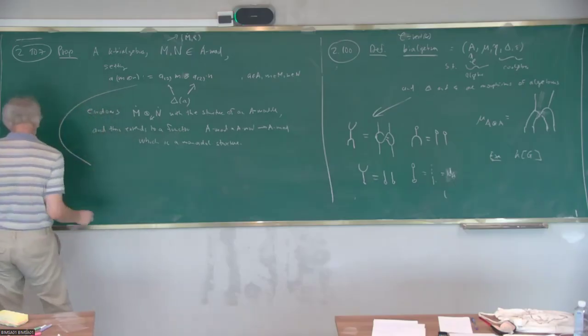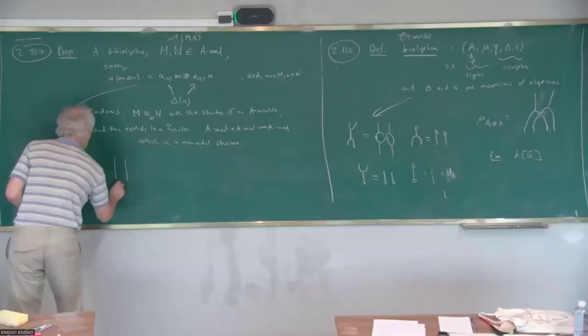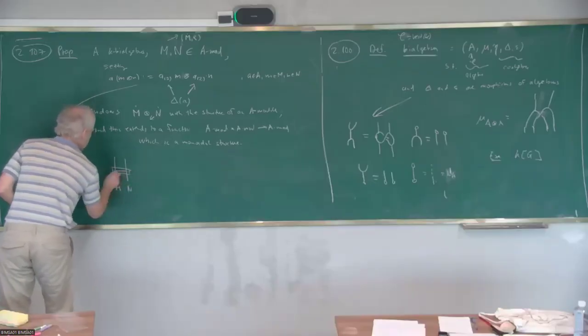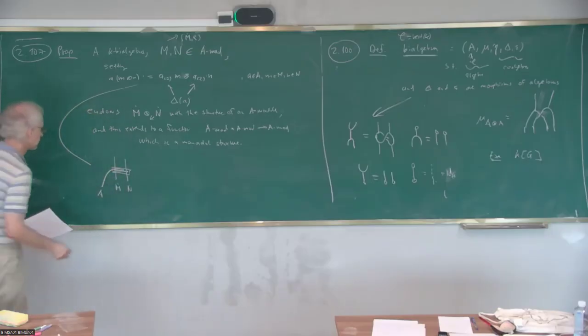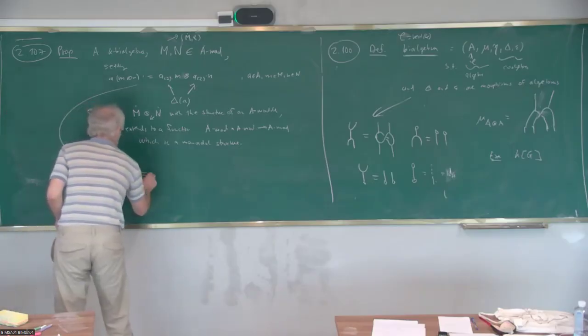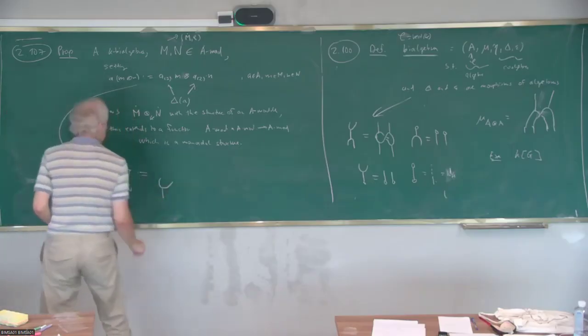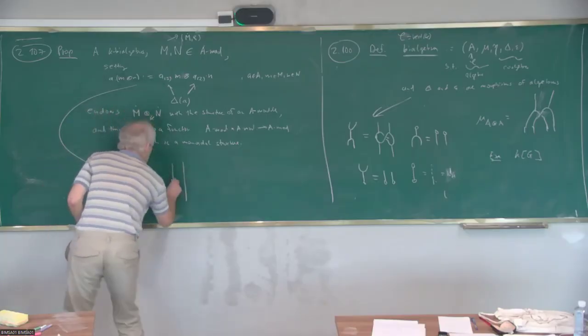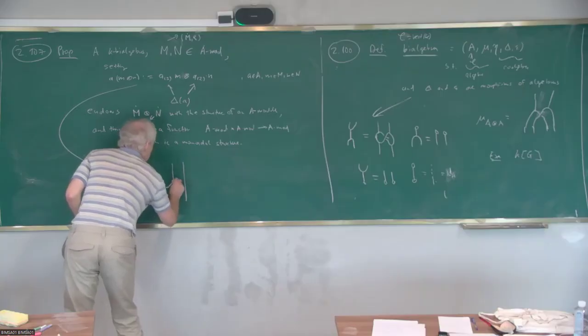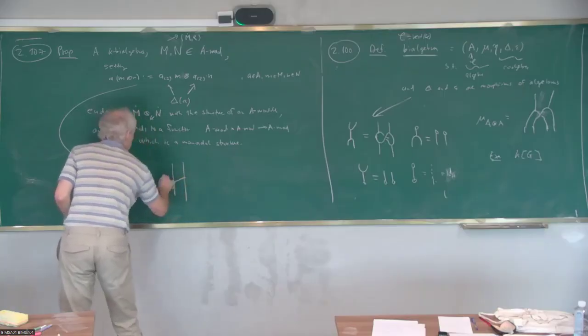Graphically, this would correspond to the following. We have M dot, N dot, and then want to define the action of A on this tensor product. And we define it by taking the co-product and using the flip map here to go through this line.